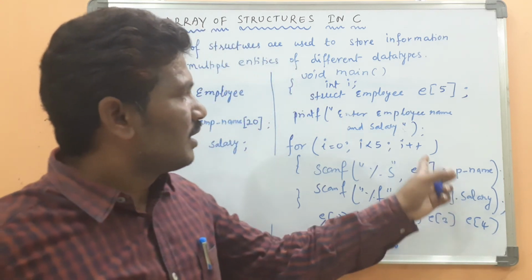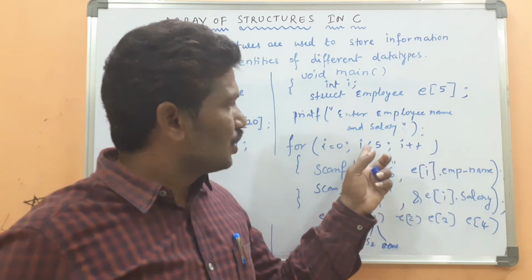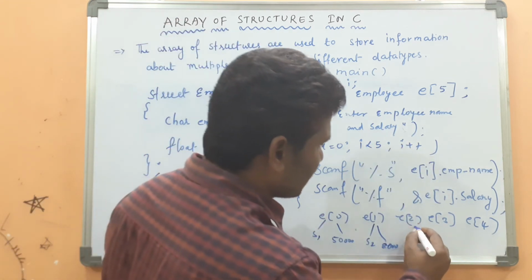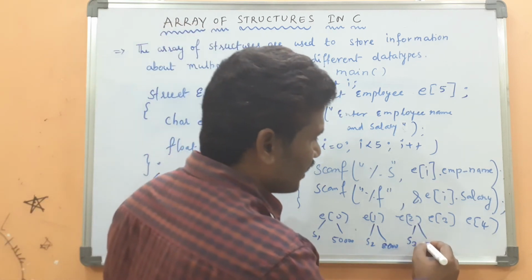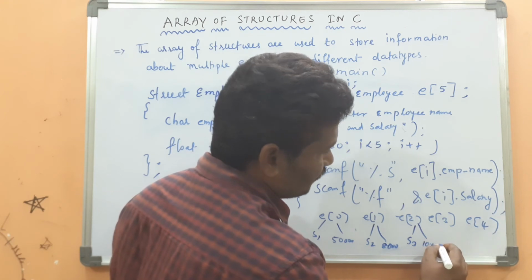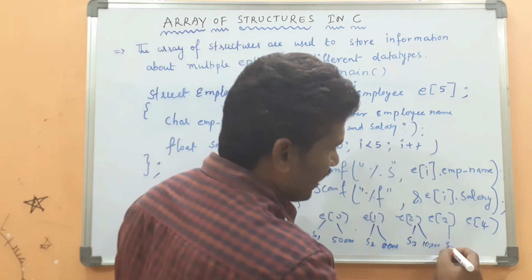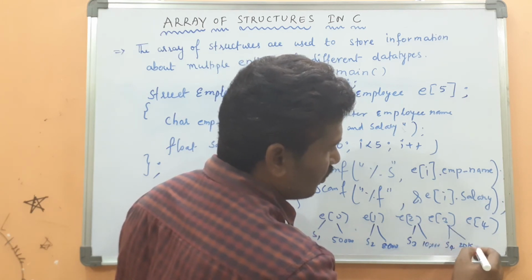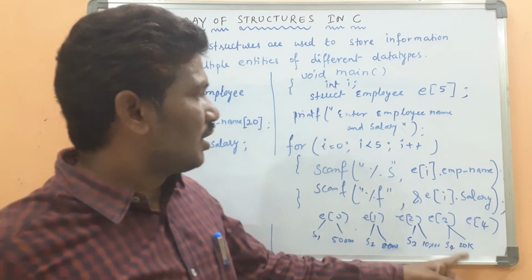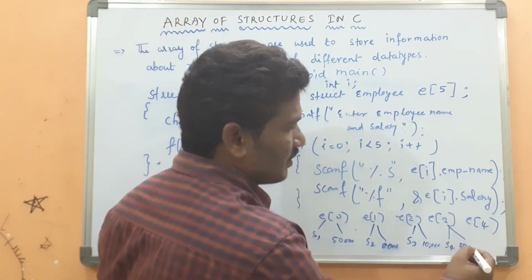Then again after entering the data, I value is incremented by 1, I value becomes 2, 2 less than 5, the condition is true. For example S3, name of the employee S3, then 10,000 for example. Like that, then S4, for example 20,000. Don't write 20k, you can write in digits, okay?